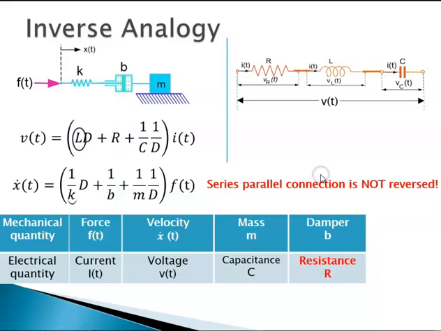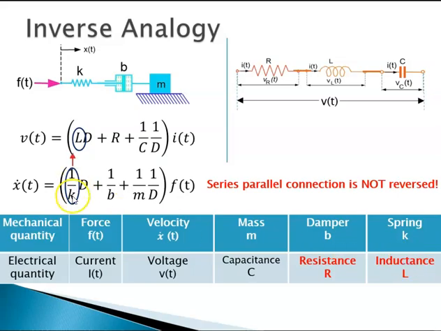Similarly, the next analogous quantity we can note, 1 over k is analogous to L. That is the reason why I have indicated it in red here: 1 over k here, L here; 1 over b here, R here. So with this, our inverse analogy scheme is complete.